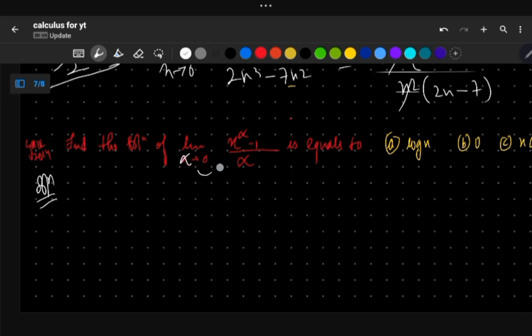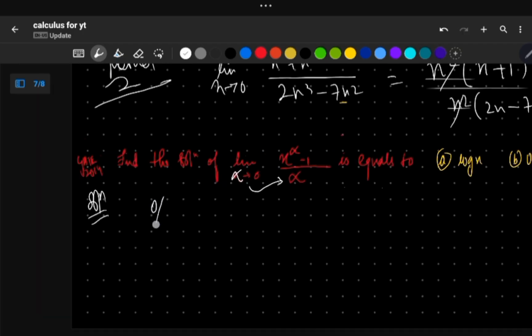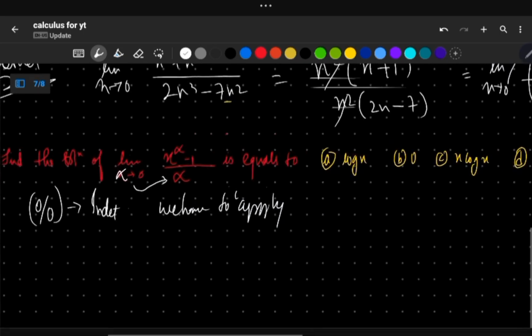If we put 0 here and here, it becomes 0 by 0, that is an indeterminate form, right? So we have to apply L'Hospital's rule.